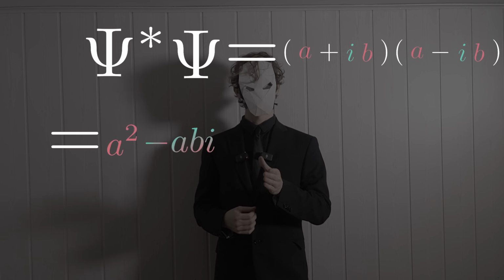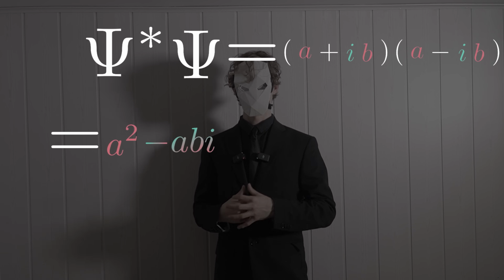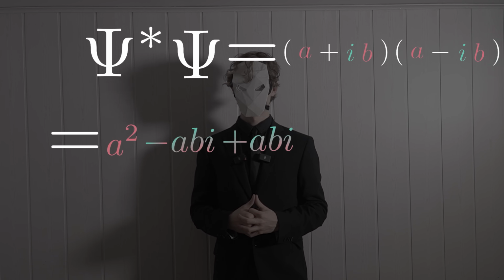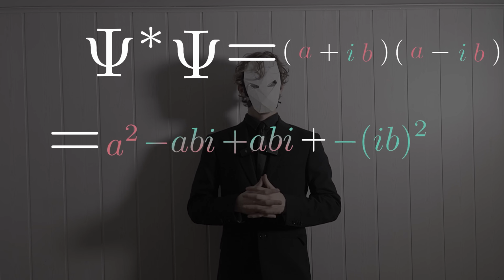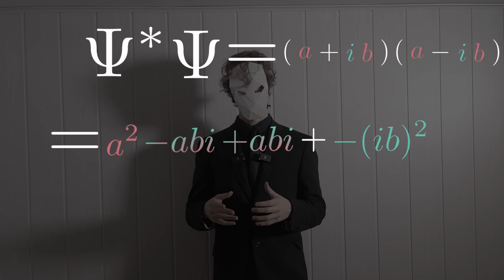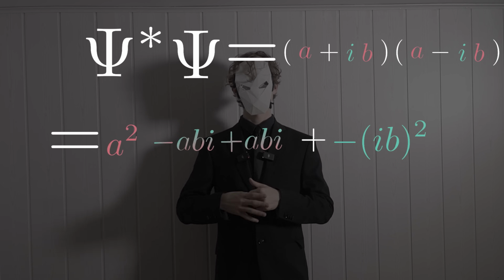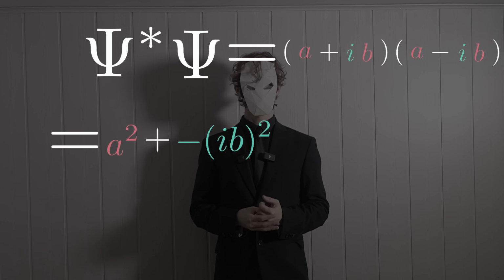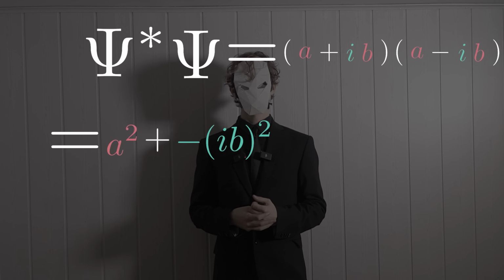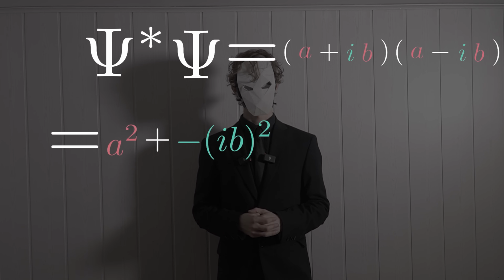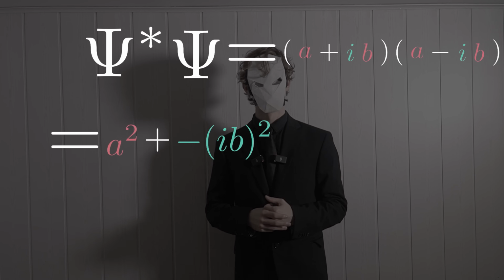Then we have BI times A, which gives us once again ABI, this time positive. And then we have BI multiplied by negative BI. So we have A squared minus ABI plus ABI, which means these two cancel each other out. And then what we have is negative B squared I squared. I'm doing this from memory, alright?